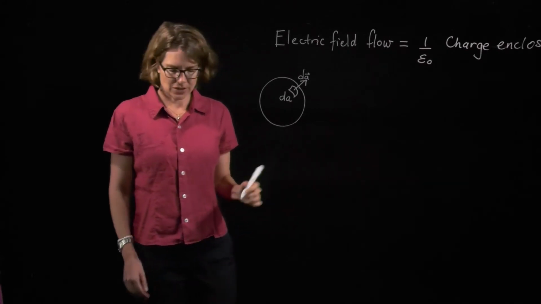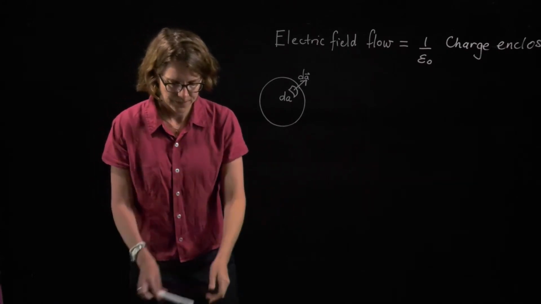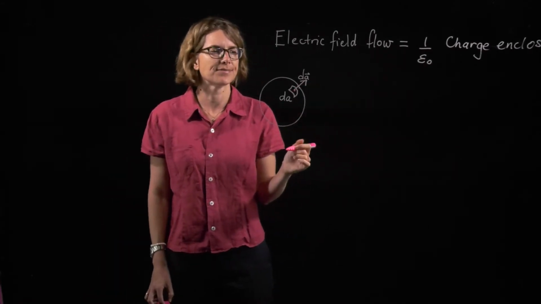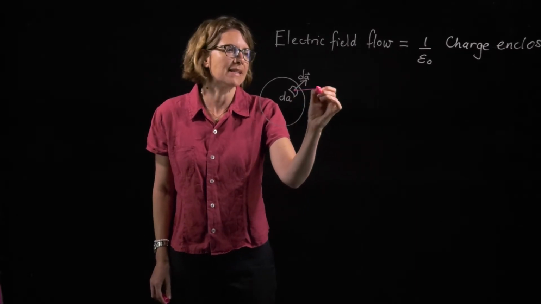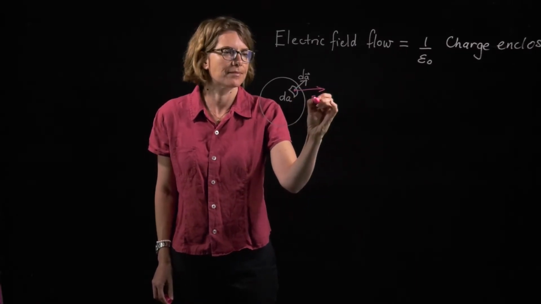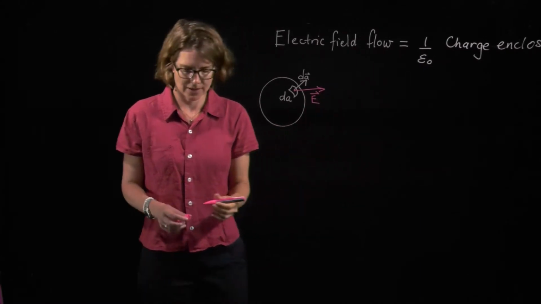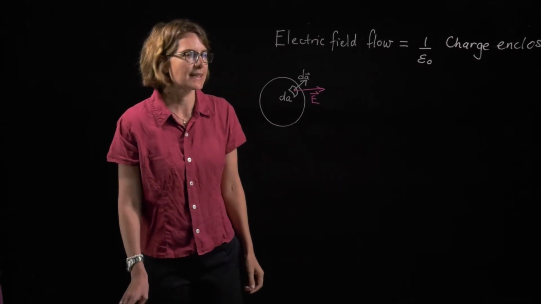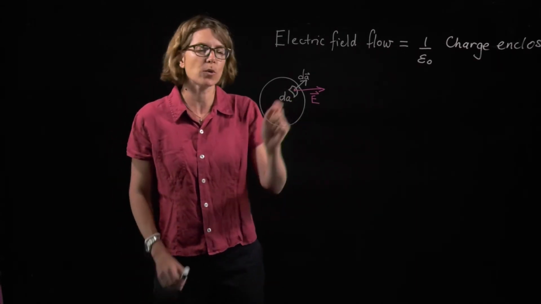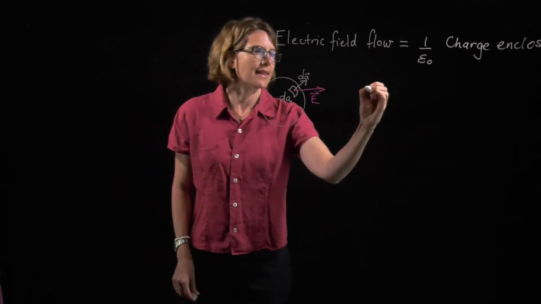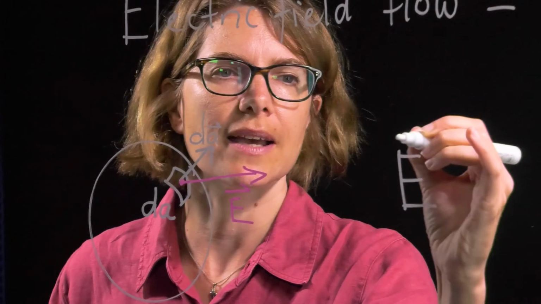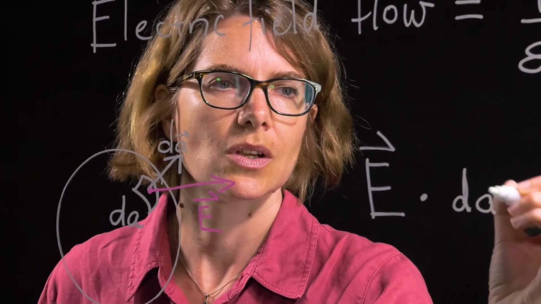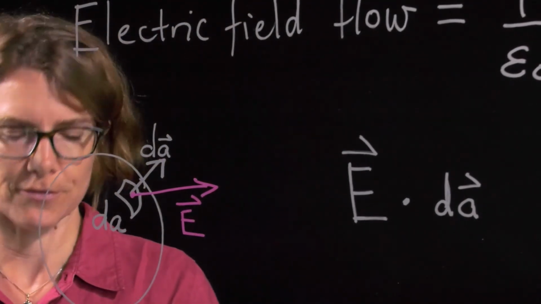If we work out the electric field at this particular point here, might be pointing in this direction, say, then we can work out what is the microscopic flux just at that point there. That's going to be the electric field at that point dot the area element vector.